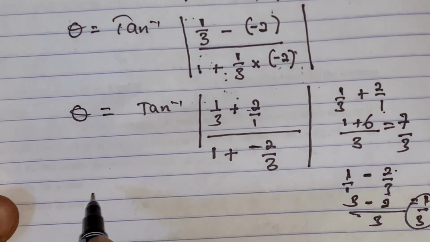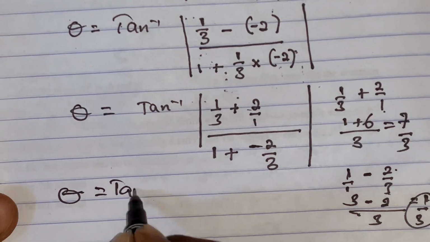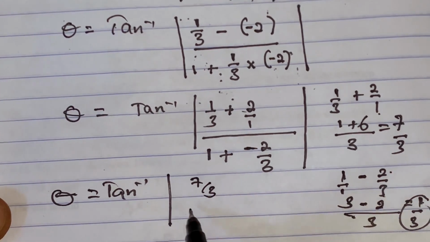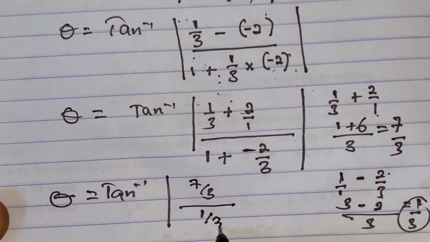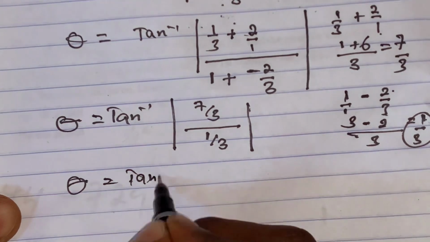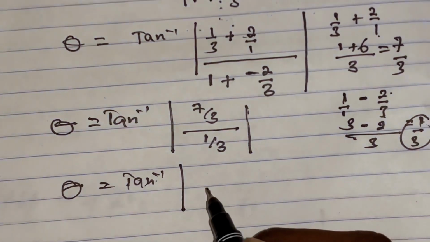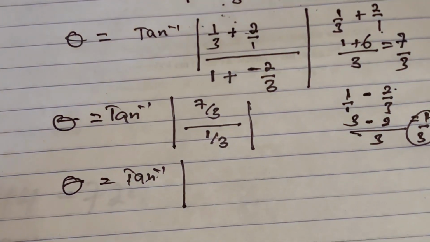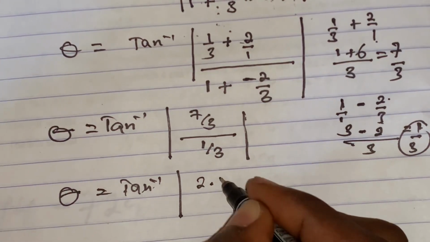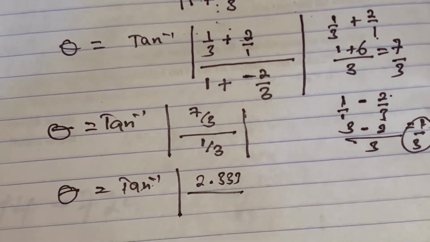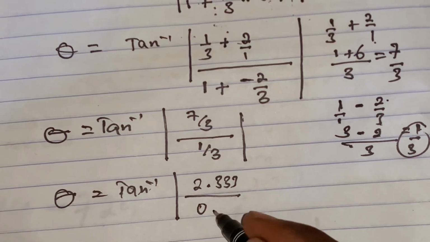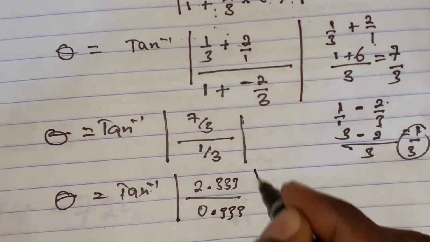Now let's substitute. Theta equals tan inverse of 7 divided by 3, then a long division, 1 divided by 3. So now theta equals tan inverse of 7 divided by 3, which will give us 2.333, then divided by 1 divided by 3, which is 0.333.